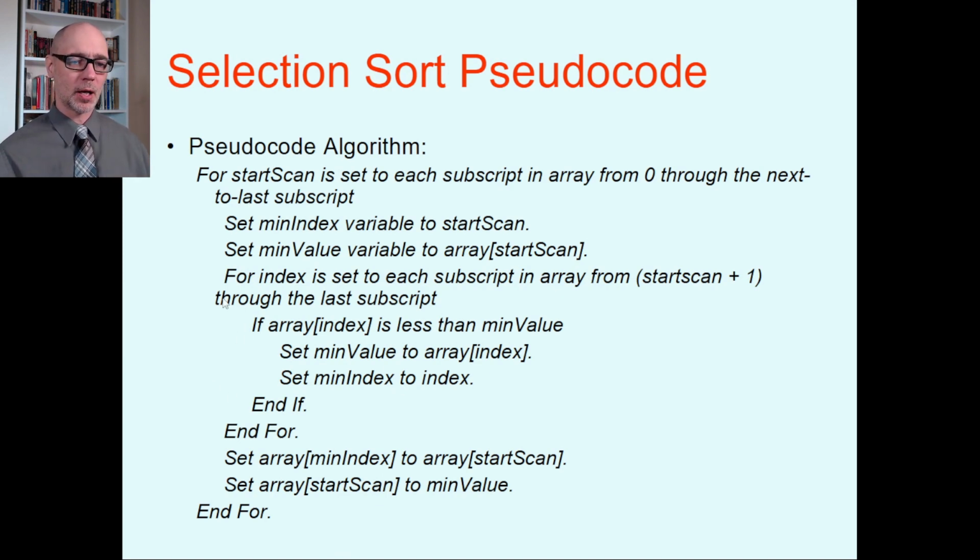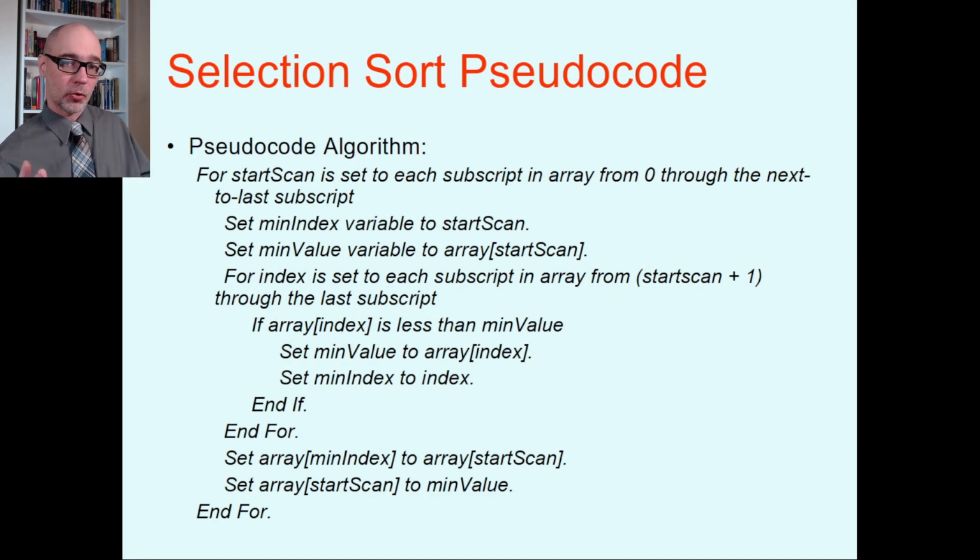So once you're done with that inner for loop, the last two lines just do one single swap. So as you can see here, wherever you find the smallest thing, you're going to swap in what's in the first location. Okay, so swap that in here, and then whatever is in the smallest location, you put that in the first position, start scan, which is the beginning of the position where you're currently scanning.